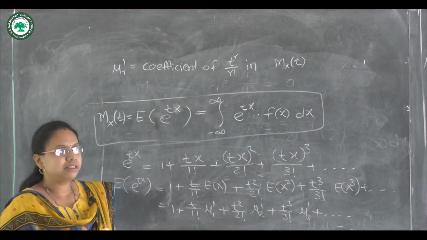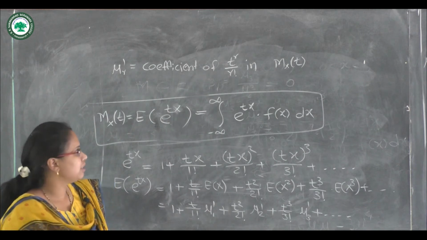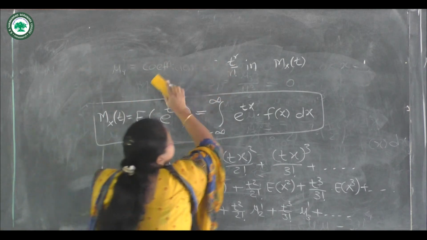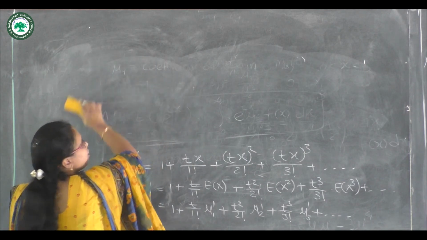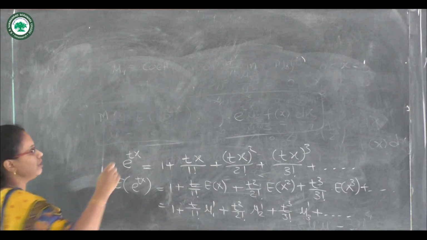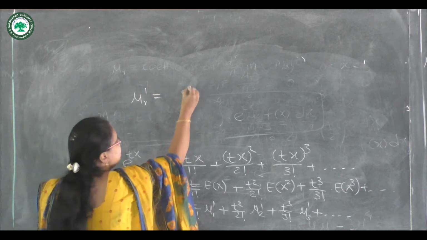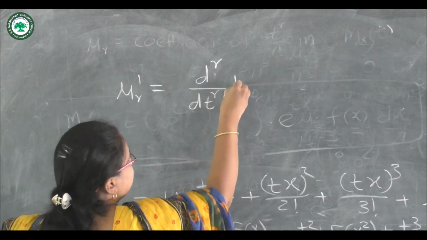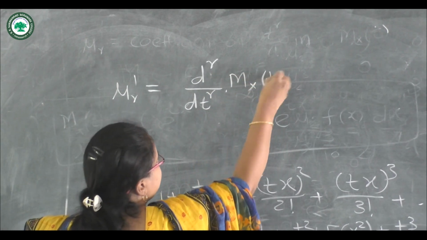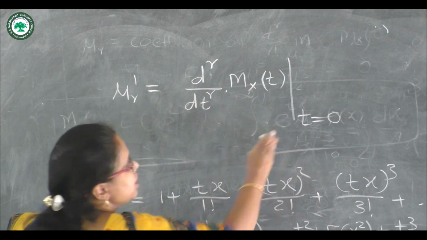So let's take the second method. The second method is the differentiation method. In the differentiation method, the formula is directly given that mu r dash can be found by using d raised to r upon dt raised to r of M_X(t) by substituting t equal to 0.